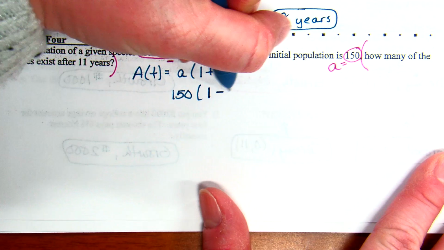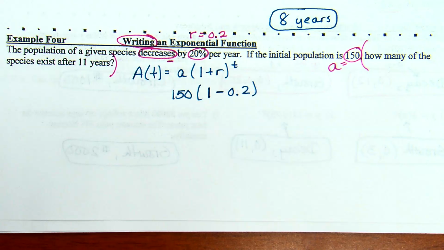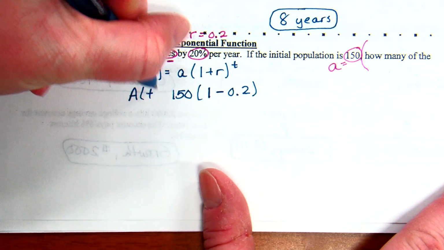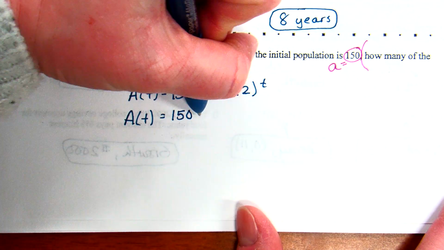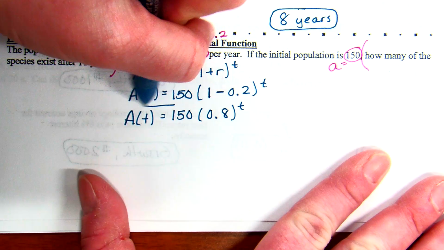Minus 0.2. Now, you could write this one of two ways. We can use the A of t and write it as A of t equals 150 times 1 minus 0.2 raised to the power of t. Instead of 1 minus 0.2, how could I rewrite that? Yeah, 150 times 0.8 raised to the power of t.